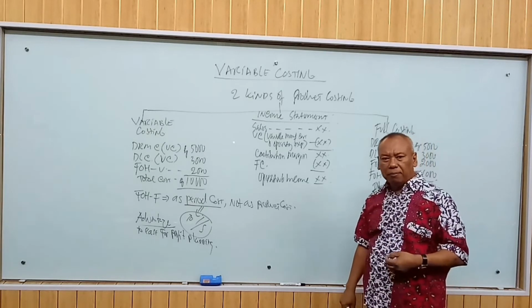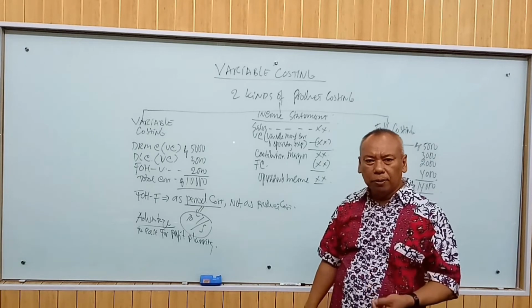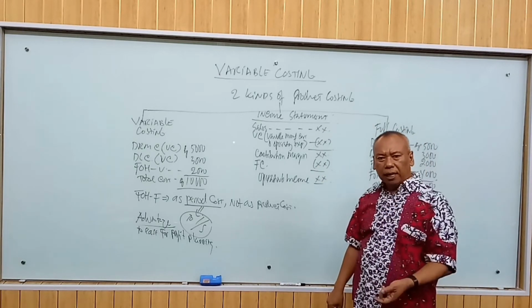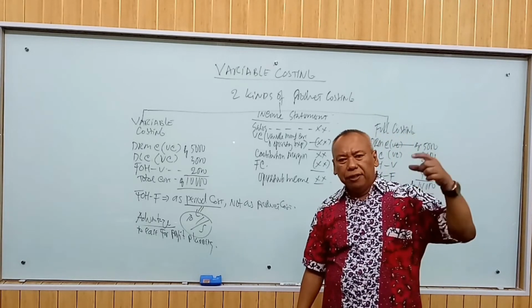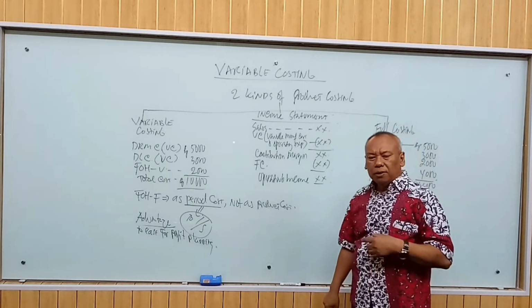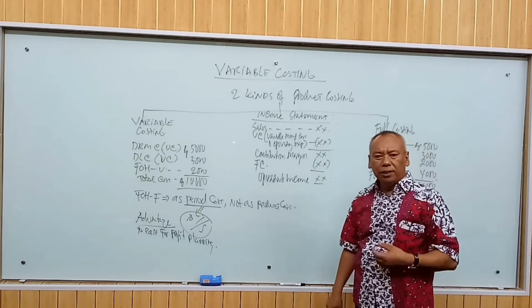So if the variable cost is 40%, the sales is 1 million, the variable cost will be 400,000. If the sales is 10 million, the variable cost will be 4 million. If the sales is 50 million, the variable cost is 40% times 50 million, so it will be 20 million.